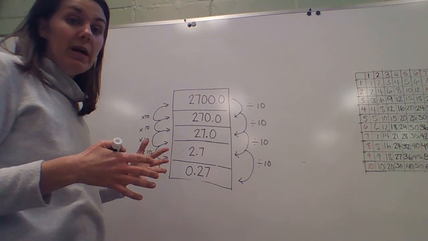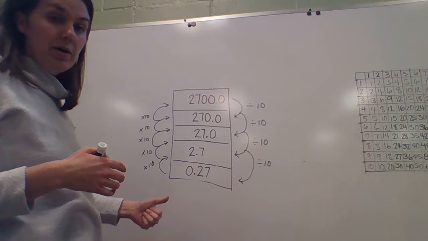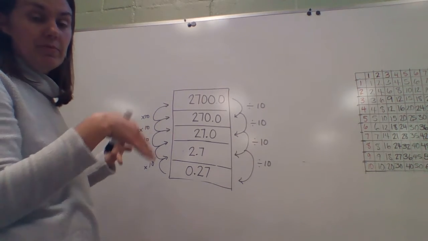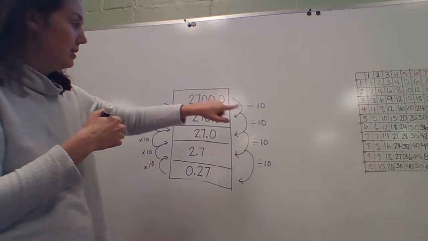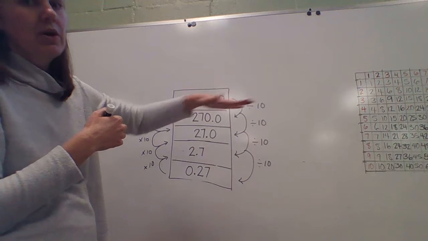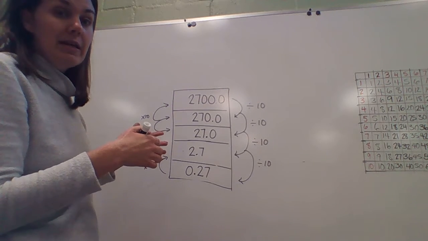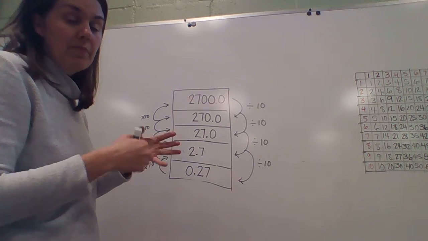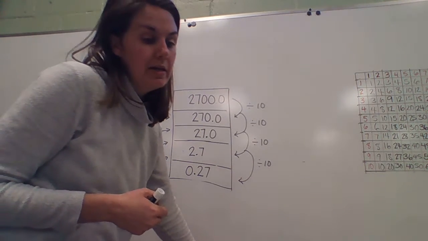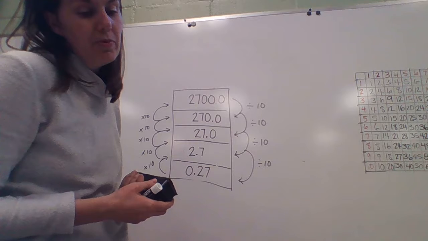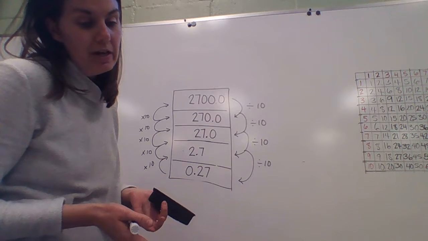Remember, when we multiply by 10, our value increases, our number gets bigger, and our decimal point moves to the right. When we are dividing by 10, we're decreasing or getting smaller, and our decimal place is going to move to the left.